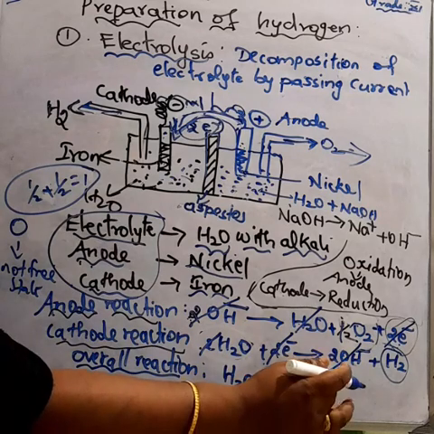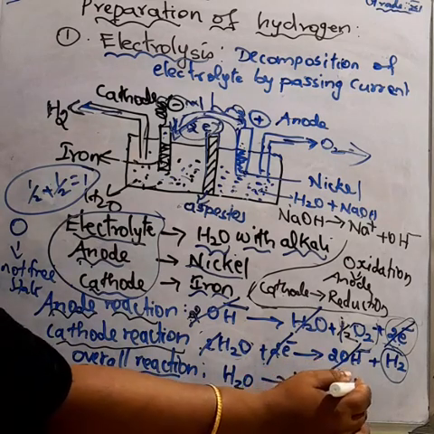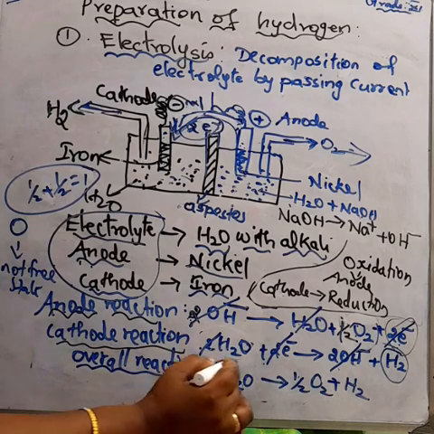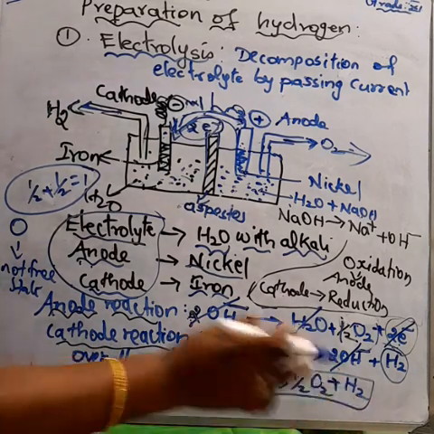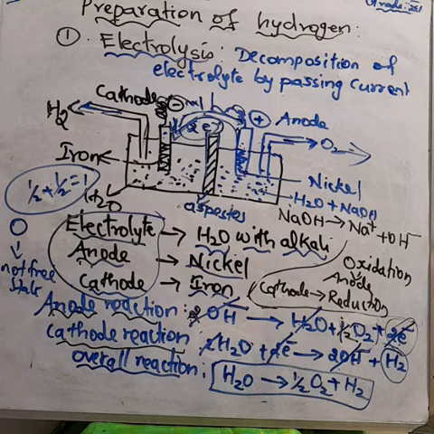That's all, this is the overall reaction. So in electrolysis of water, we get hydrogen gas and oxygen gas. Oxygen gas is released as a byproduct and we can prepare the hydrogen.